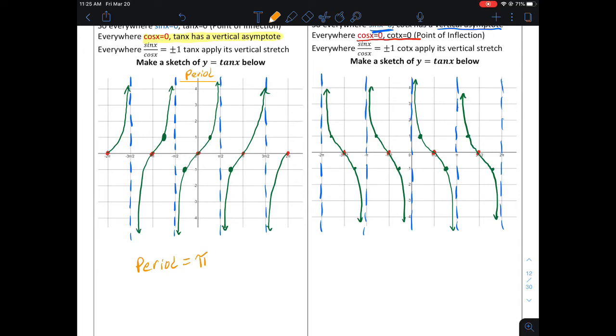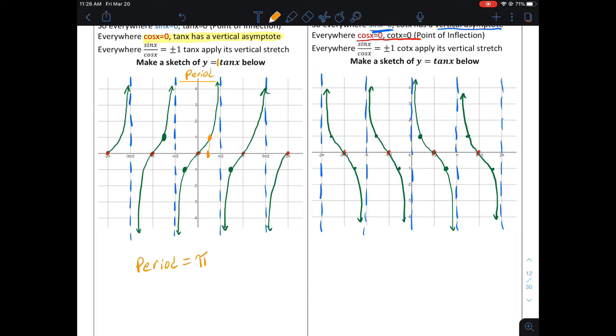Now also notice this. When I go a quarter of the period, whatever the vertical stretch is, the number that multiplies the trig function, gets applied. The coefficient of tangent is 1. When I go a quarter of my period, I get to apply that.